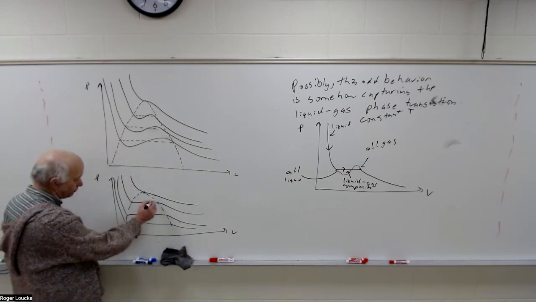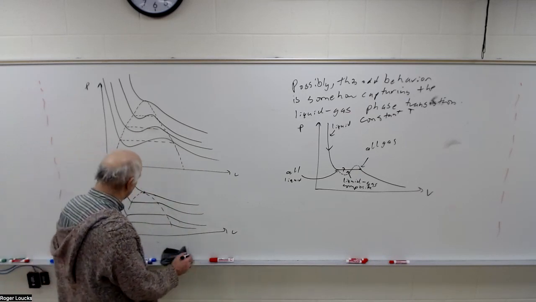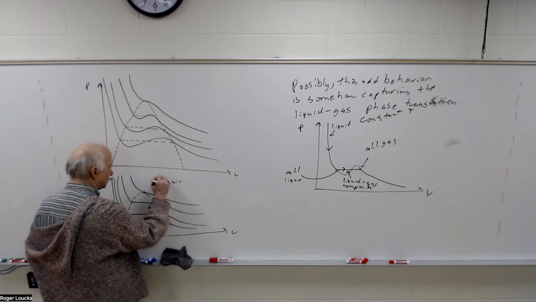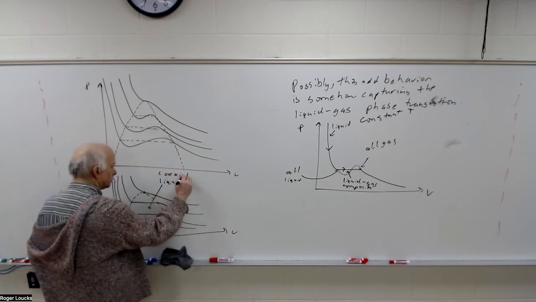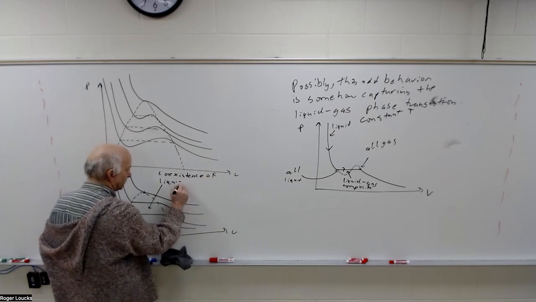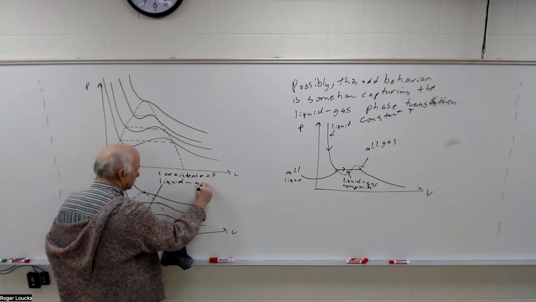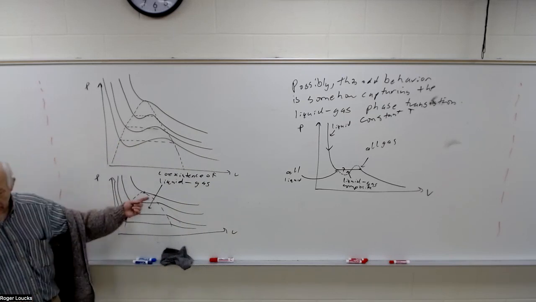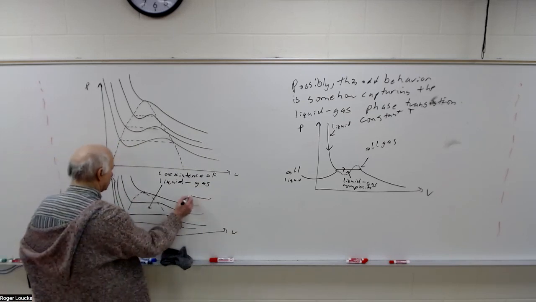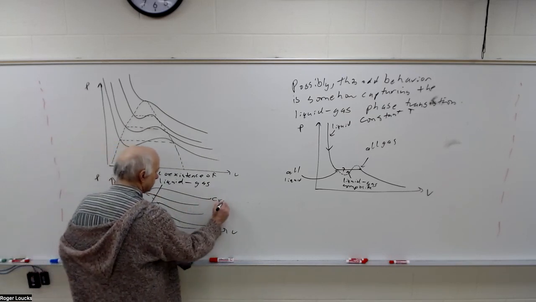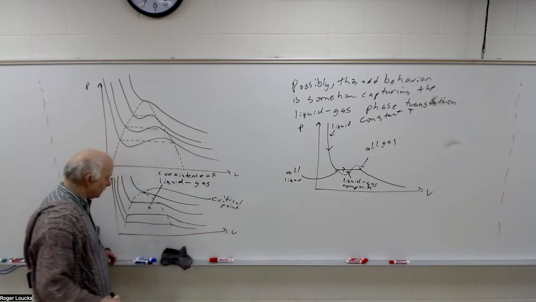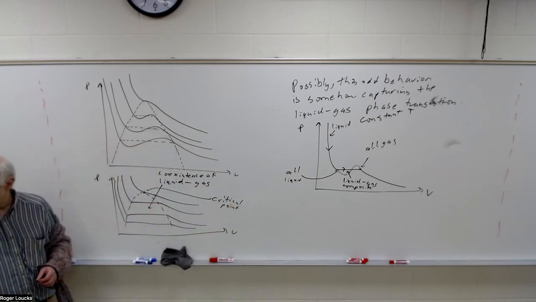So you get this little dotted region here, and this little dotted region here. This is the liquid. This is coexistence of liquid and gas. You get this graph right here, and this right here is your critical point. If you go above that point, what happens?